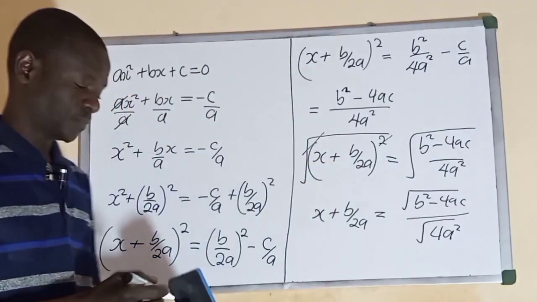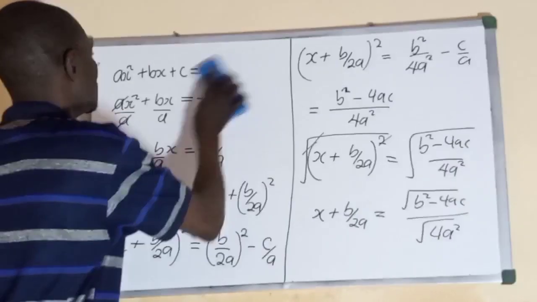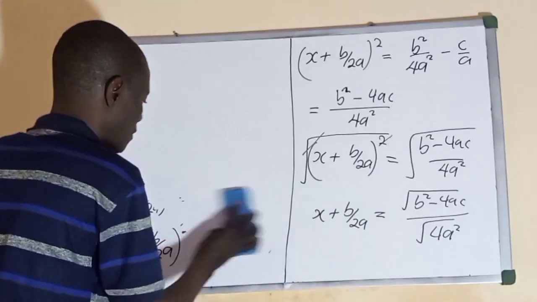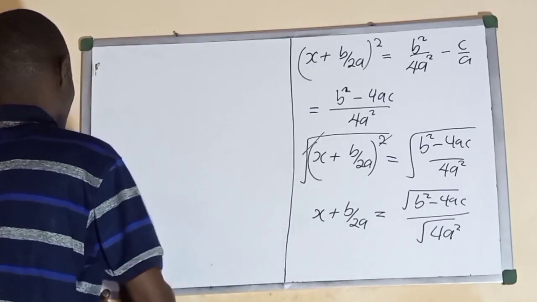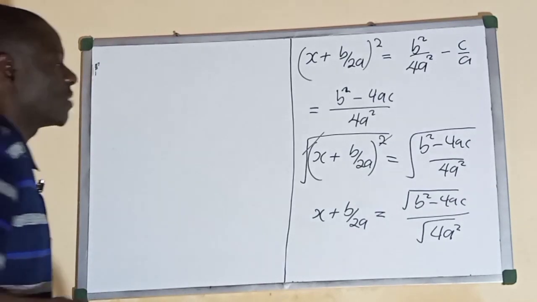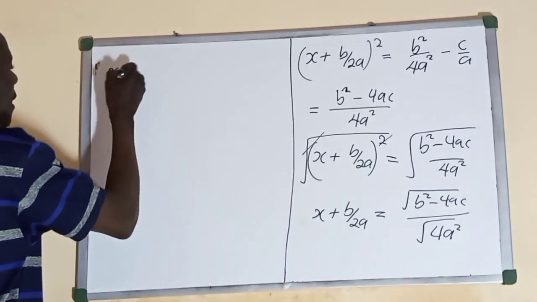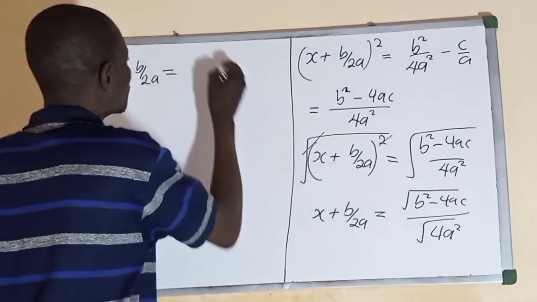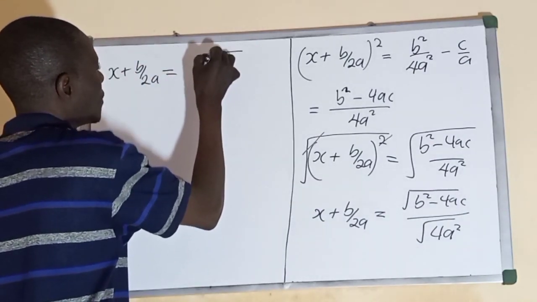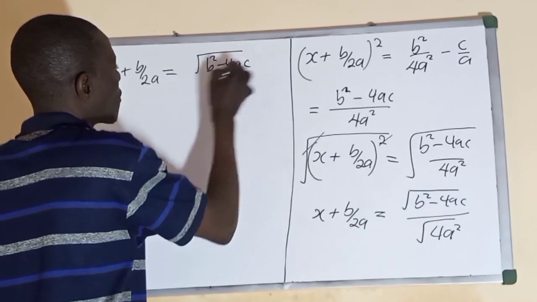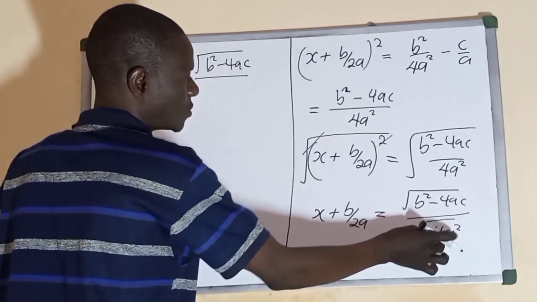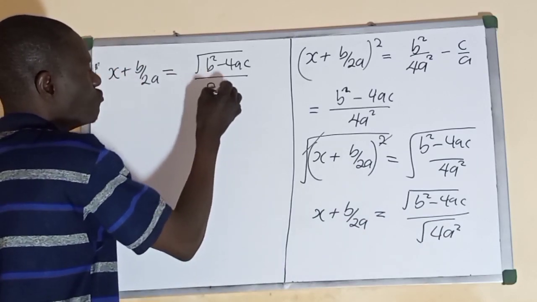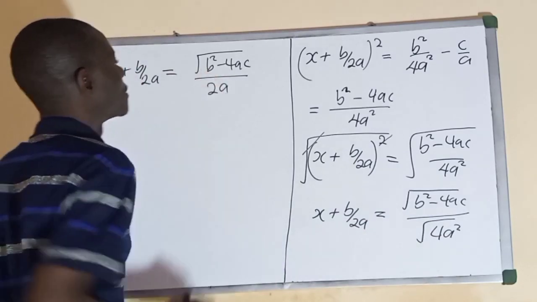Can we continue? So from here you can see that we have x plus b all over 2a is equals to square root of b squared minus 4ac all over, the square root of this 4a squared is going to give us 2a.